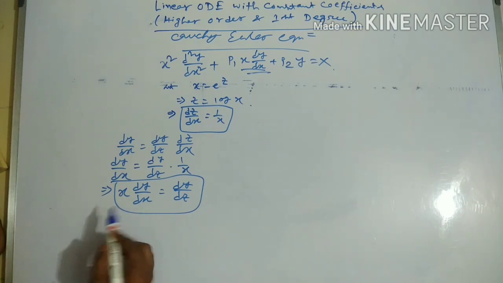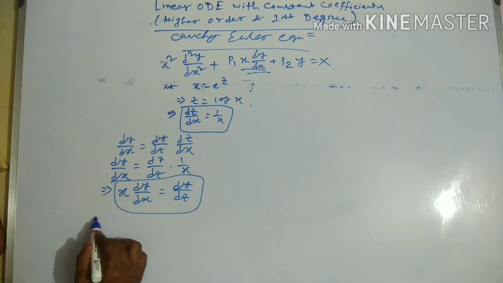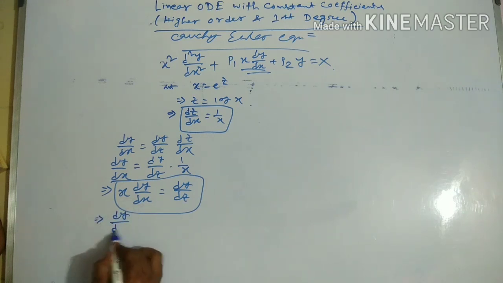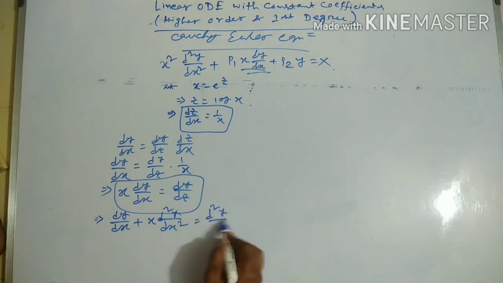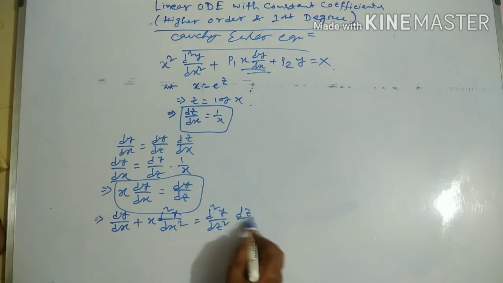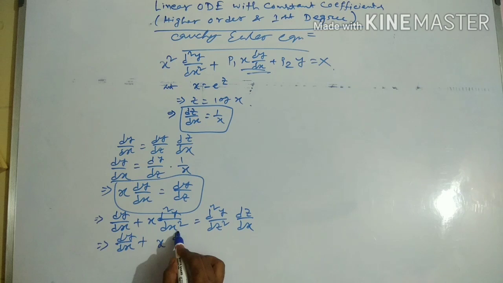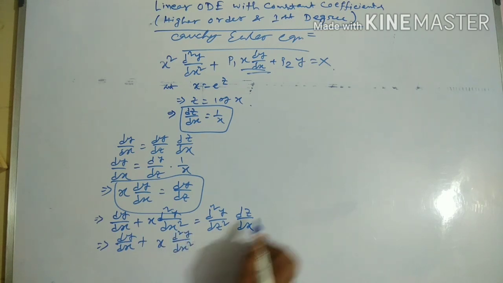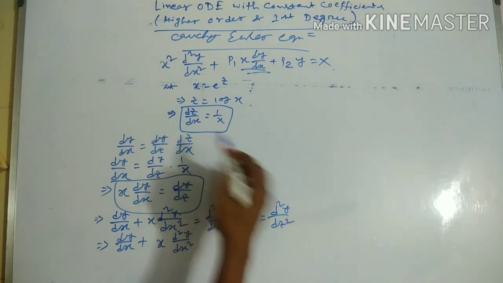Next, we again differentiate both sides with respect to x. So this will be dy dx plus x into d square y dx square equal to d square y dz square into dz dx, since we are differentiating with respect to x. Now I am putting the value of dz dx, which is 1 by x.